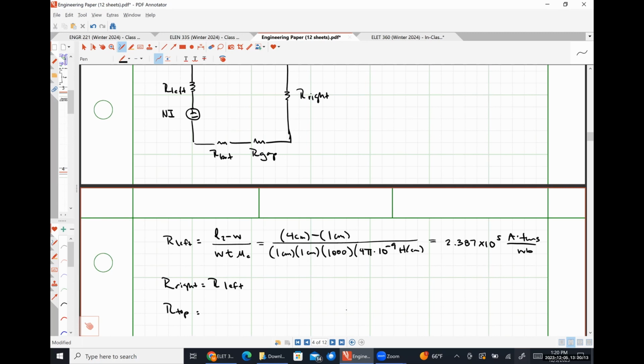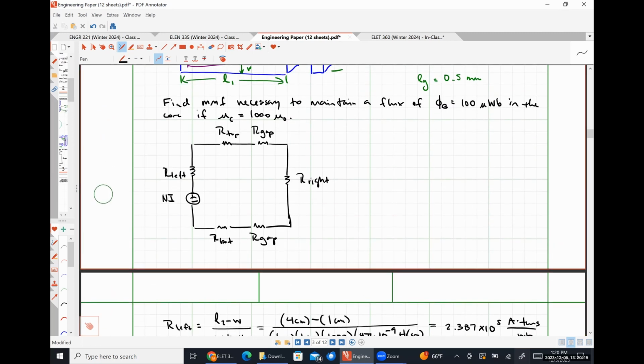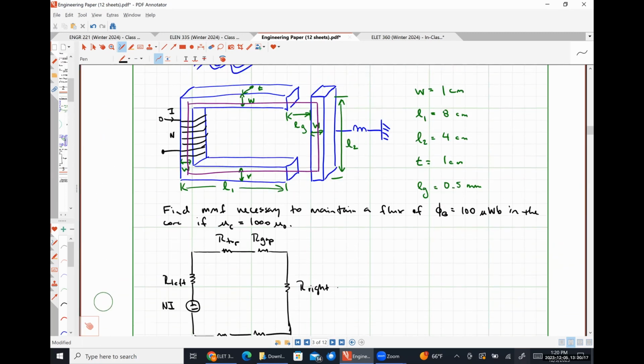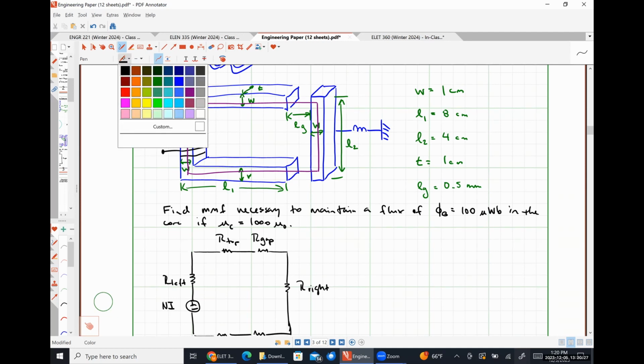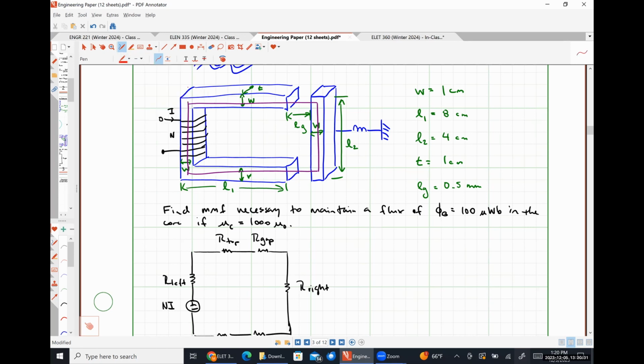All right. So what about our top? What's the total length that our flux travels as it goes across that top section? So to be clear here, what we are considering would be from here to here.